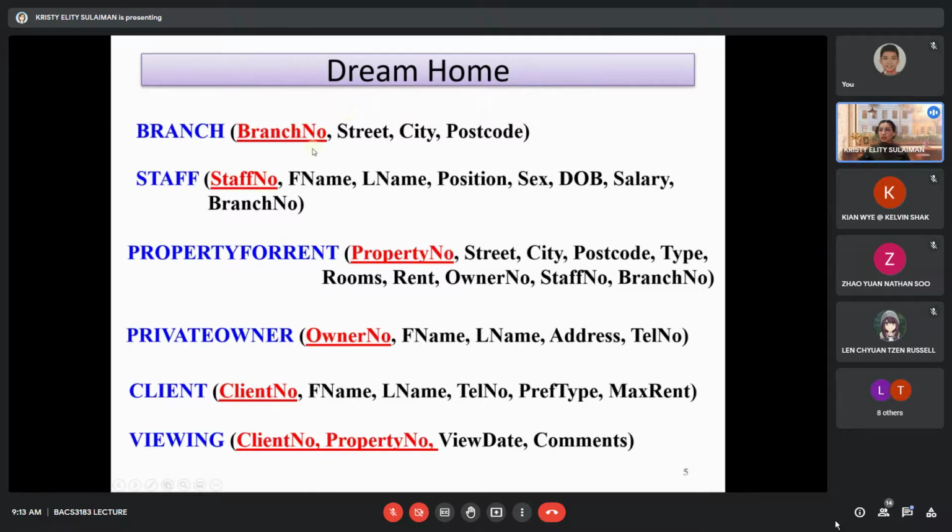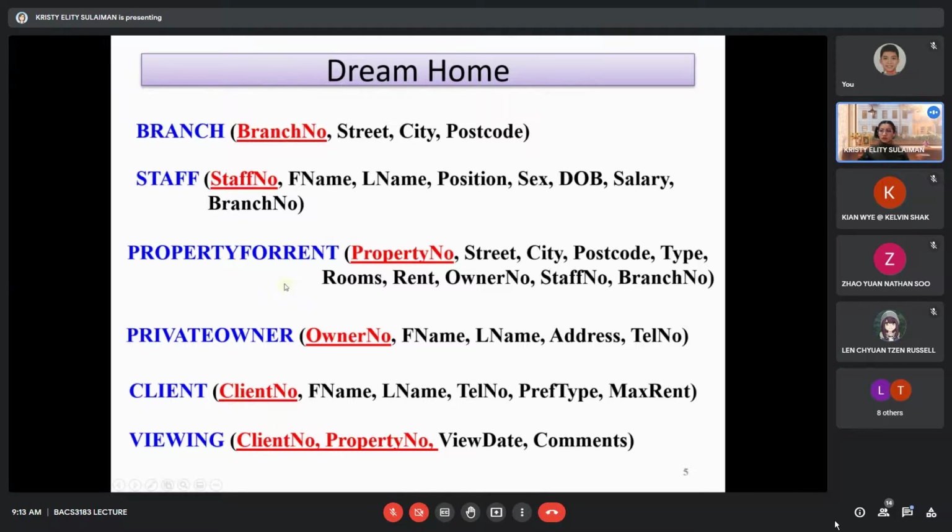Okay, so we have six tables: branch, staff, property for rent, private owner, client, and viewing. This Dream Home company is a property management company. You can see property for rent, who is the private owner of the property, who is the client, the viewing, and the attributes inside each table.